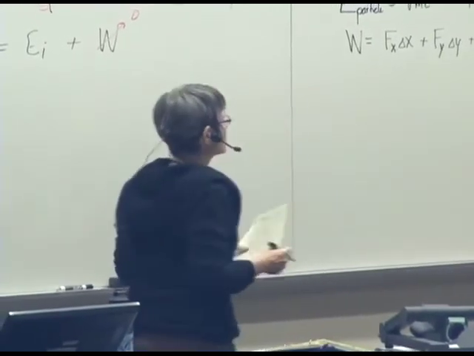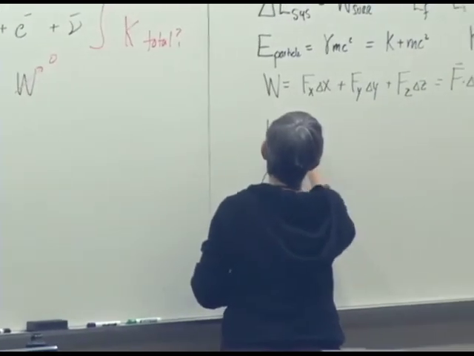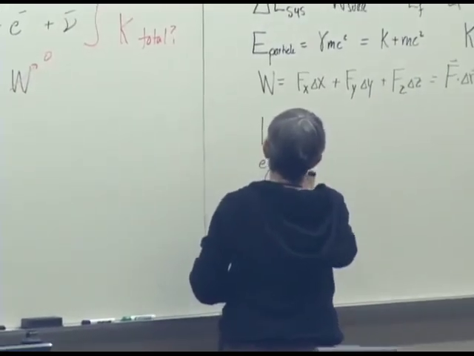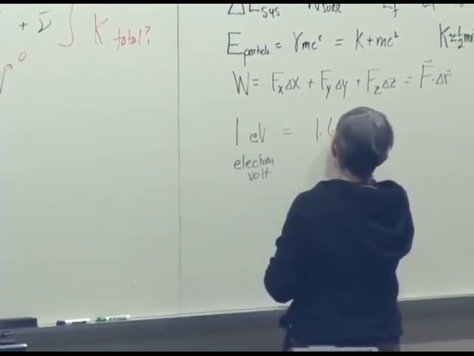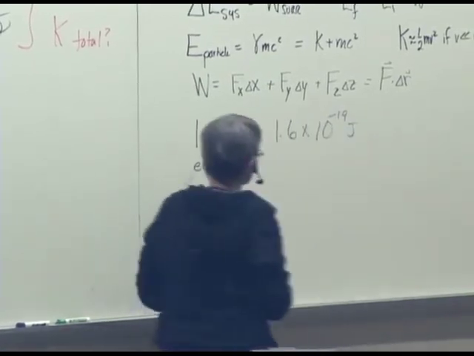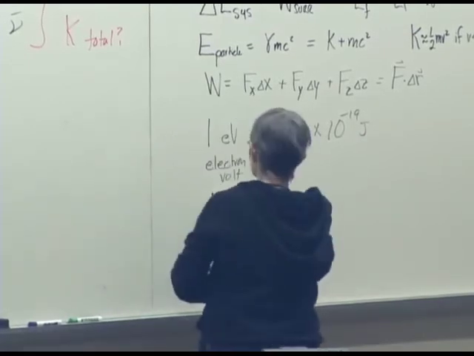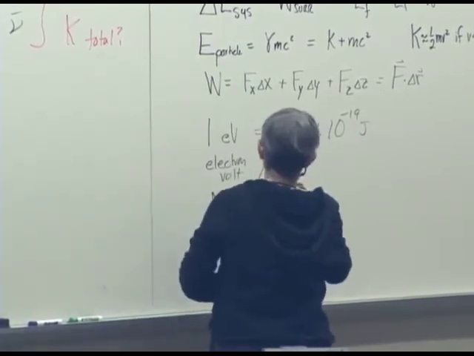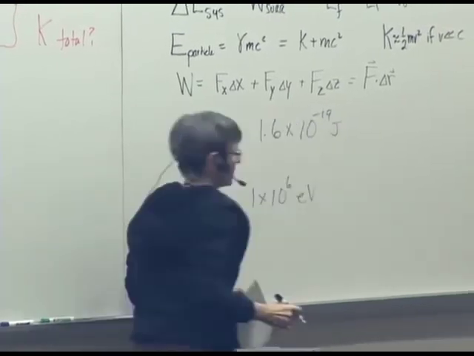So we often use a different unit of energy called an electron volt, eV, and it's equal to 1.6 times 10 to the negative 19 joules. And an MeV, a million electron volts, is just 10 to the 6th electron volts.